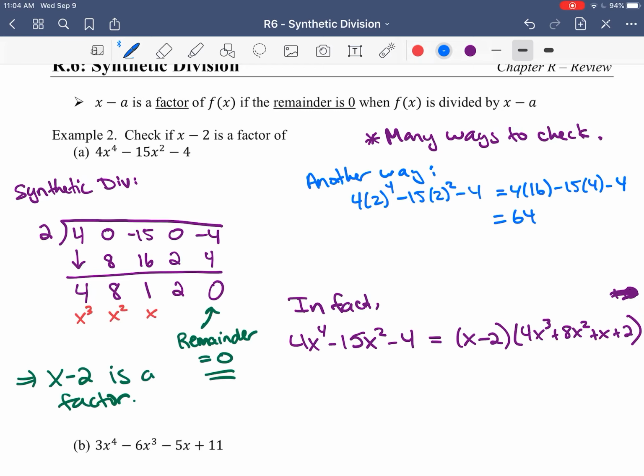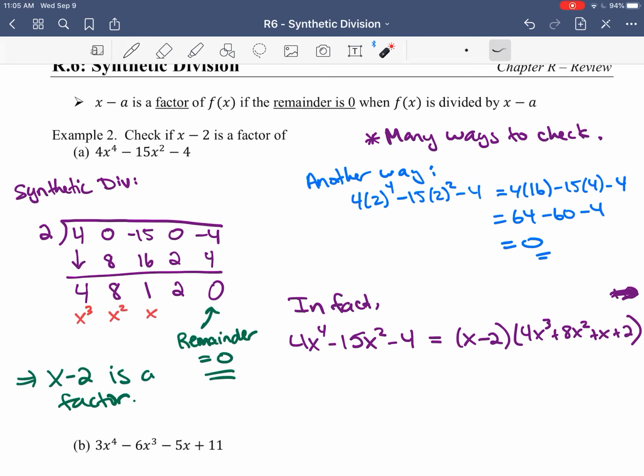So that's actually 64 minus 60 minus 4. Notice that I get 0. So if x minus 2 is a factor, it means that if I plug in 2, x minus 2 is going to be 0. So if it's a factor, this part's going to be 0, and I'm going to times it by some number, that's going to be 0. So another way to check is if you plug in the number, you should get 0 if it's a factor.